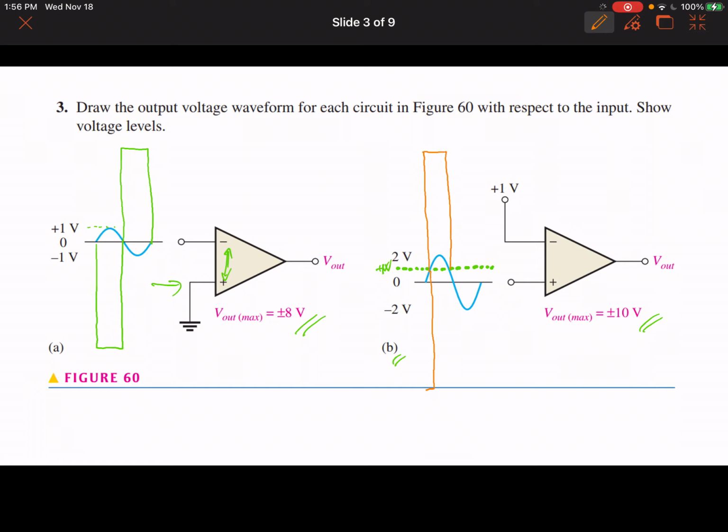Then once it crosses the positive 1 volt line, it triggers like this. So that's how this output looks according to the comparator circuit here.